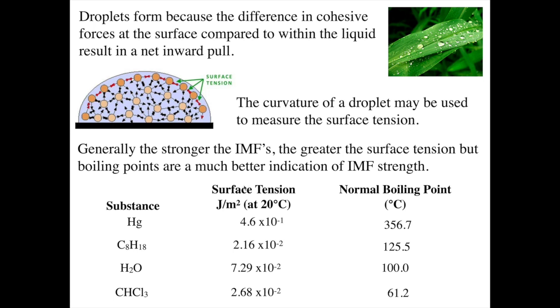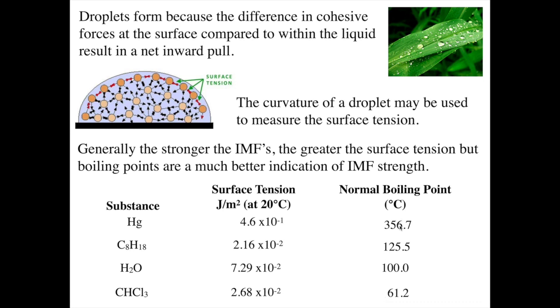The surface tension values in joules per meter squared for several substances are shown here. And so we have a trend in boiling points which truly indicate the relative strengths of intermolecular forces.